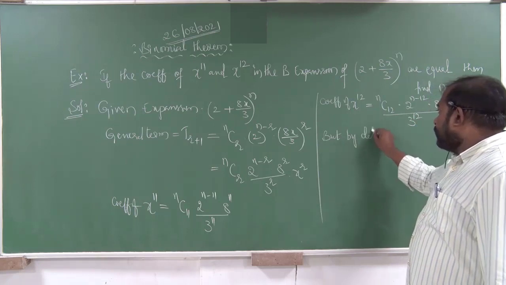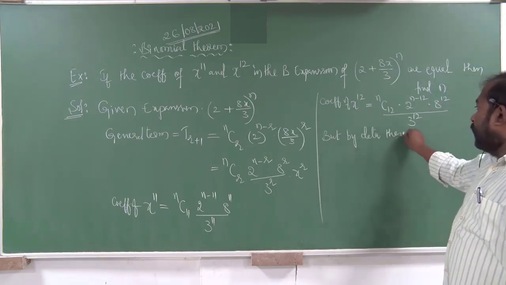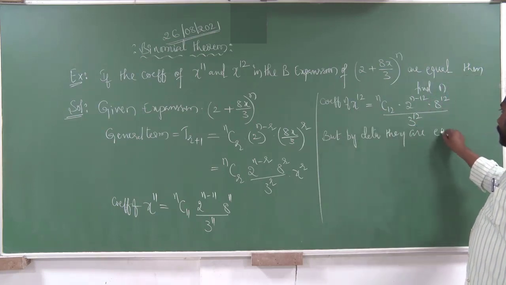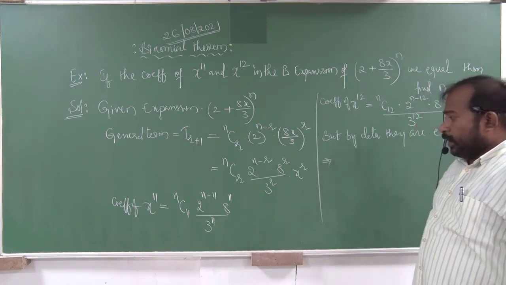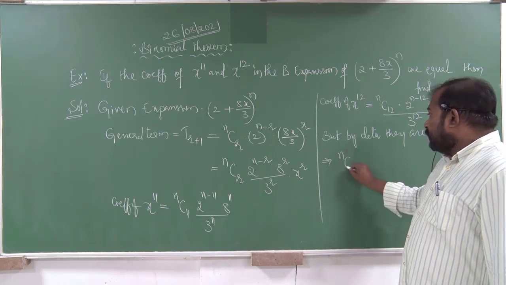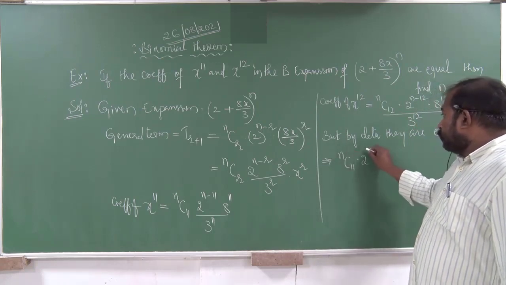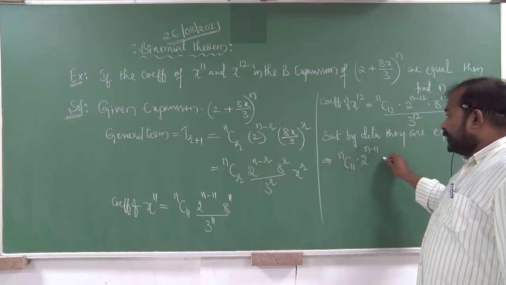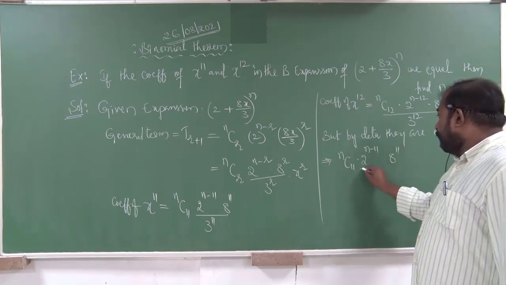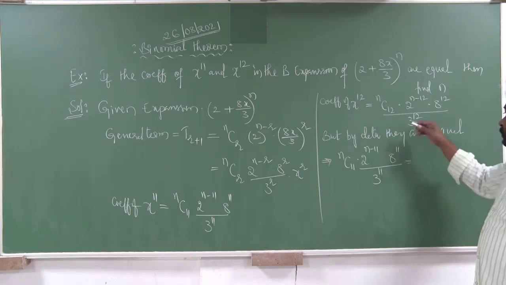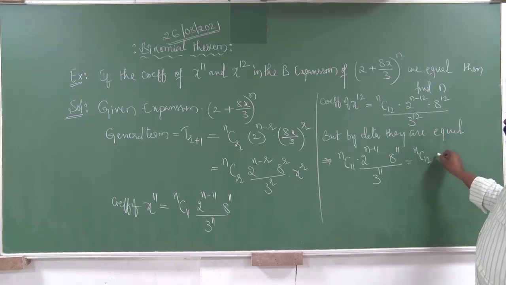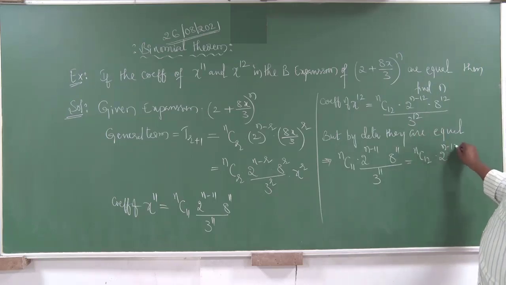According to data they are equal, that is, here you will get nC11 into 2 power n minus 11 into 8 power 11 by 3 power 11 equal to, what is the value? nC12 into 2 power n minus 12 into 8 power 12 by 3 power 12.